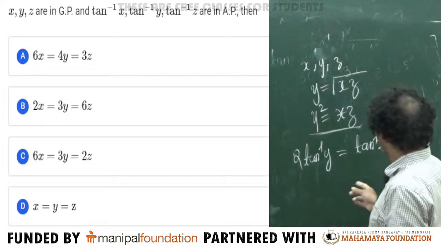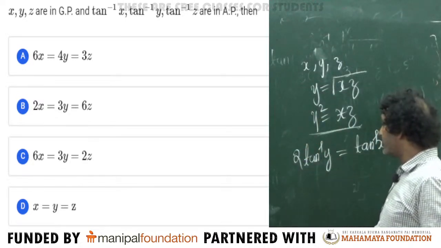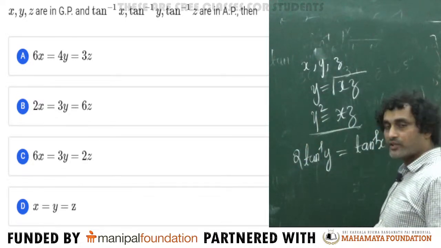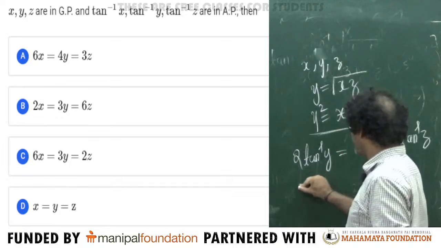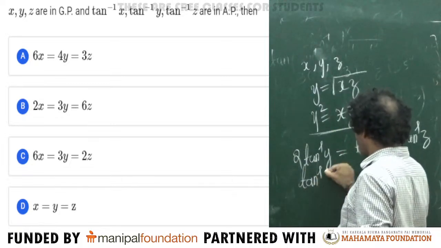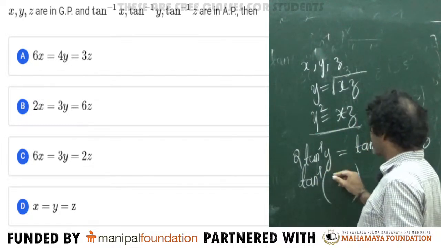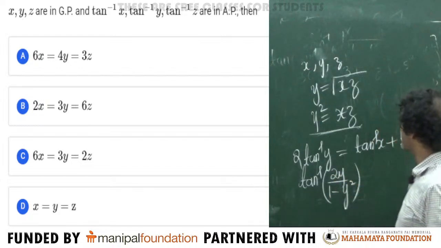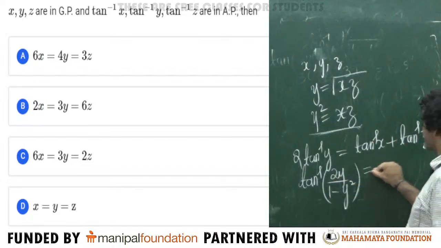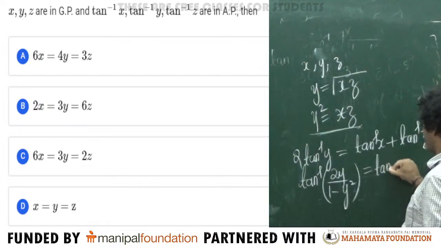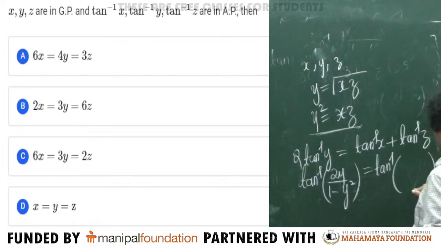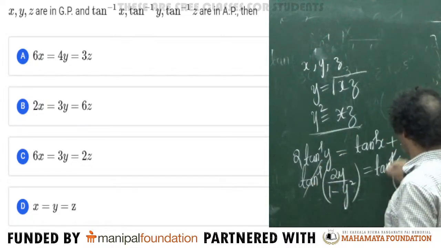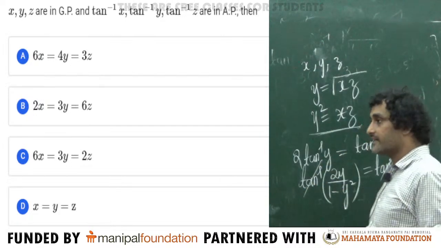Alright. So do you know what is 2 tan inverse y? You know the formula, right? It is tan inverse of 2y divided by 1 minus y square, is equal to, here you have a formula, right? Tan inverse x plus tan inverse z is tan inverse of x plus z by 1 minus xz. Can you cancel inverse on both sides by taking tan?